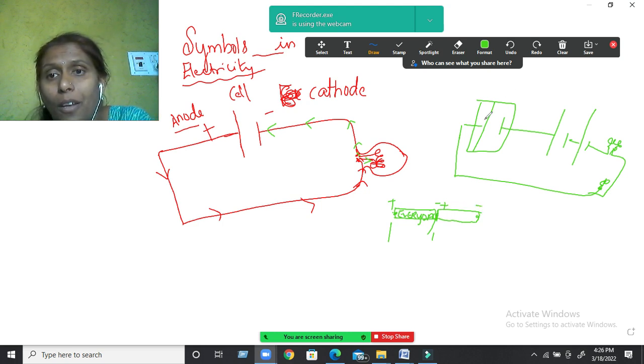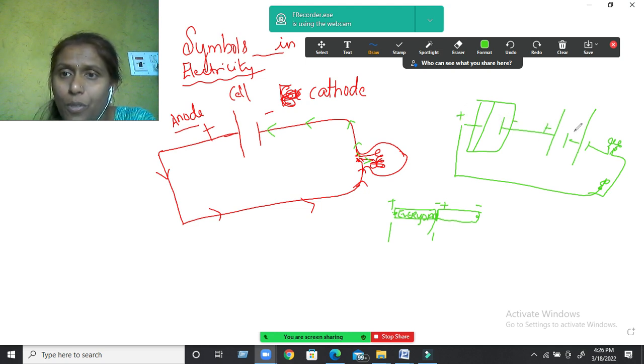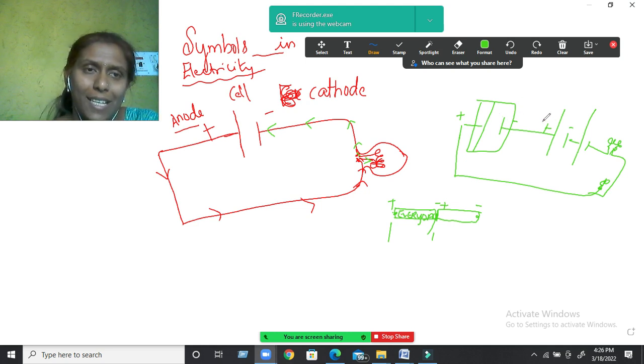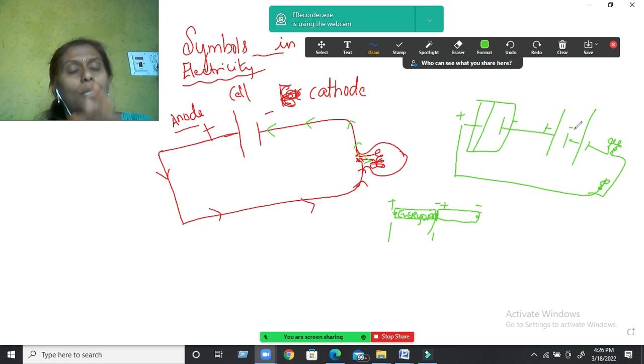In the same way, look here, it is a positive end, it is a negative end, here is a positive end, this is a negative end. So this is how we connect multiple cells, 2, 3 and so on, and we use a different item to glow.